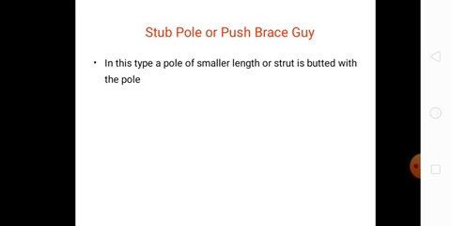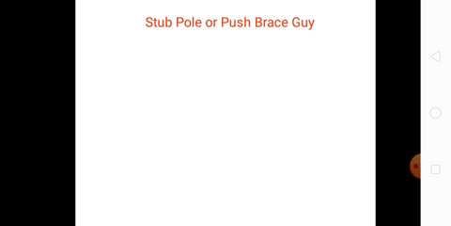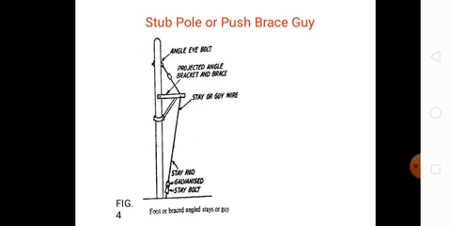In this type of pole, a smaller length or strut is butted with the pole. It keeps the pole in straight position against winds. Stub pole or push brace guy.